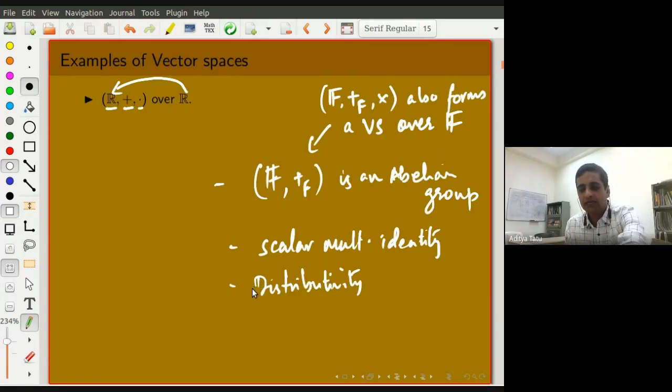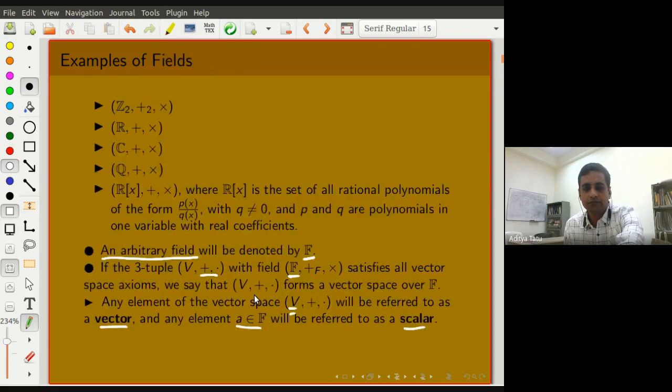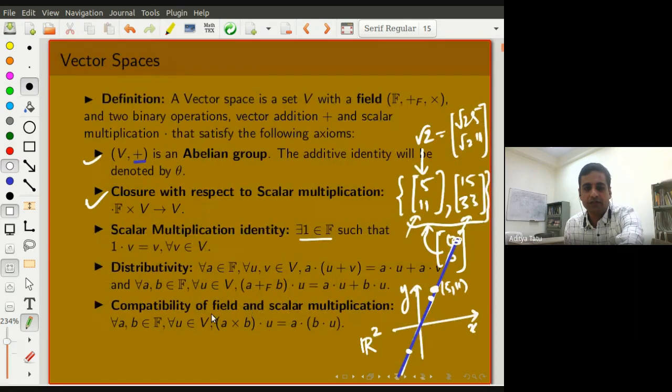What else is required? Check this, because the dot and the multiplication operations are the same.